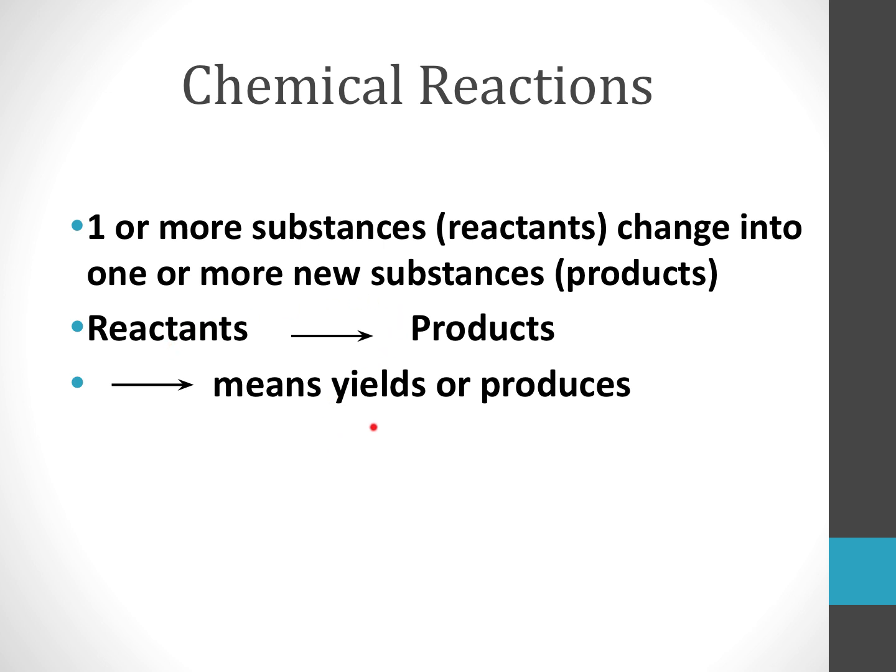That little arrow just means yields or produces. So it's what are you making? And then we put products on the right side. It's always, always, always reactants on the left, products on the right. So make sure you get down our generic outline of what a chemical reaction looks like.